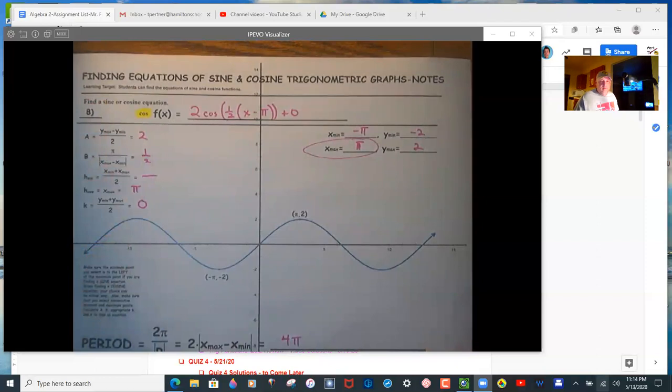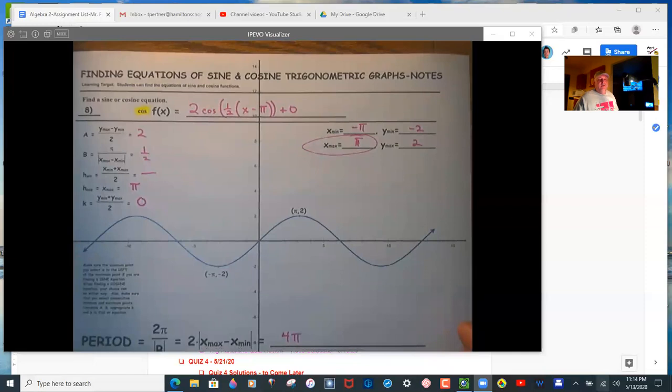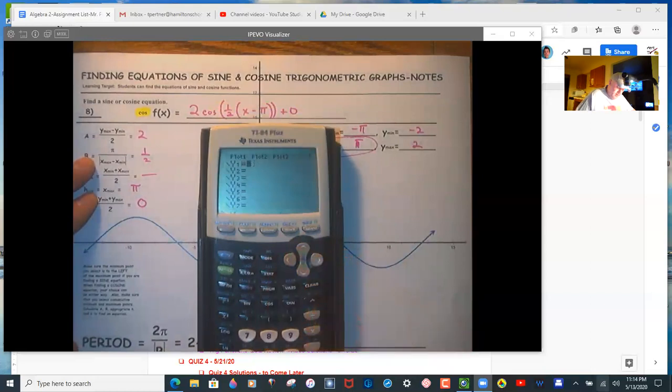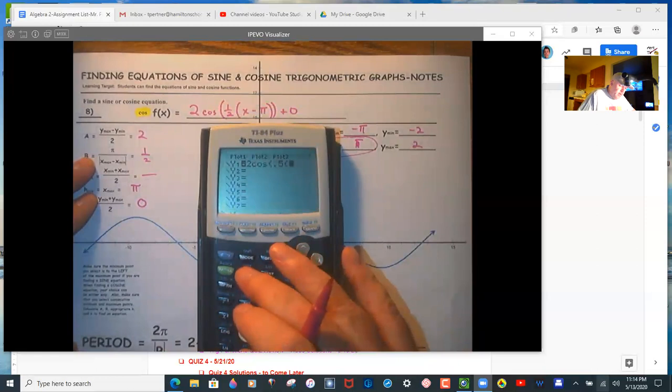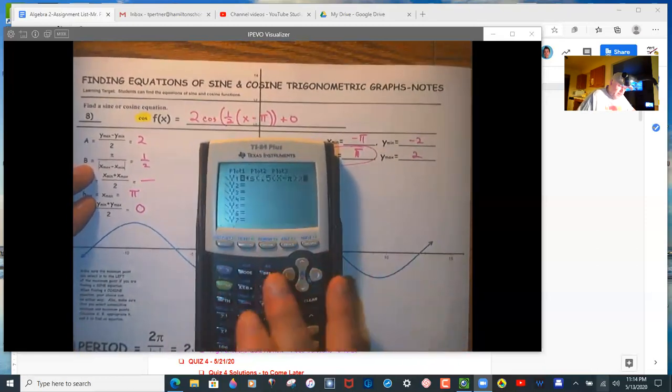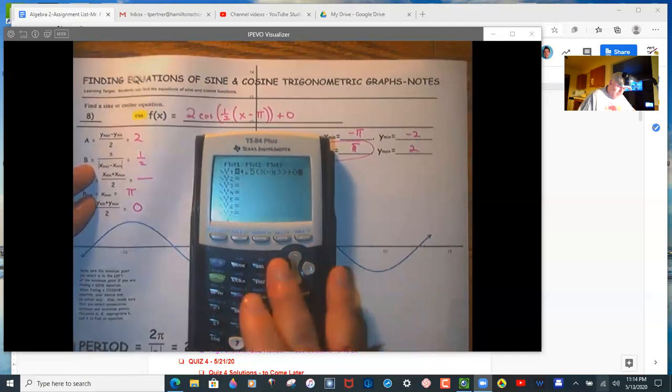There is a way to graphically check on your calculator. Okay, and I'll just show one of those really quickly. So 2 cosine, you literally put it in like you see, x minus pi, 2 right parentheses. Okay, you could put plus 0 if you want.